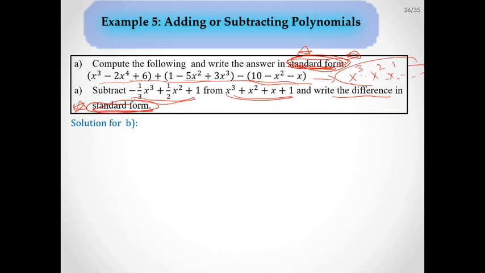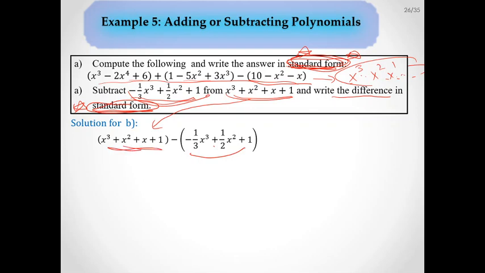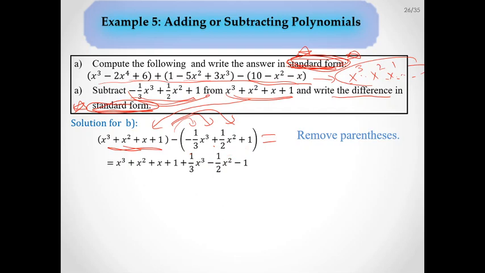Now let's look at this one. Subtract means find the difference, so it means subtract this from this one. So we distribute the negative here. So we remove the parentheses then. So what do we get? We get this one.